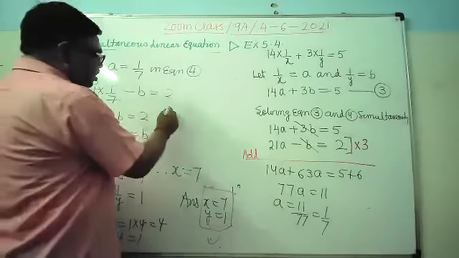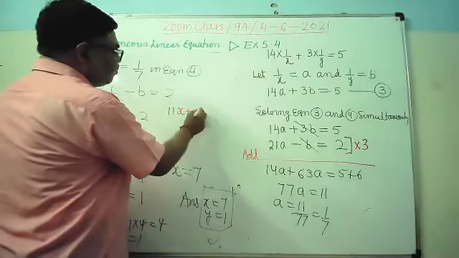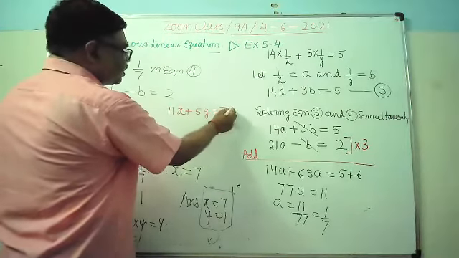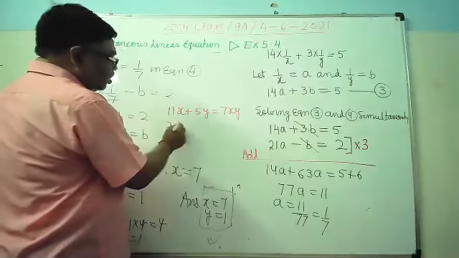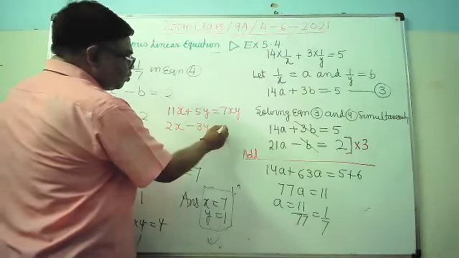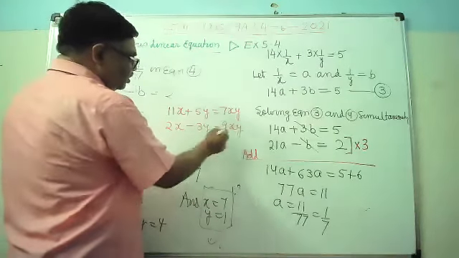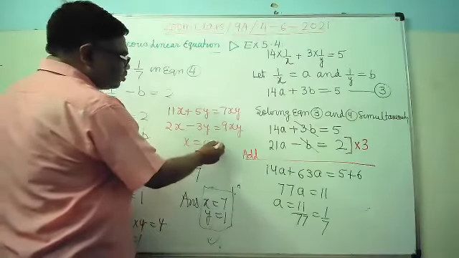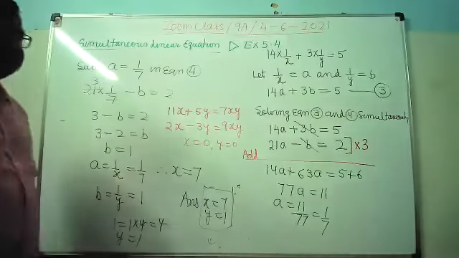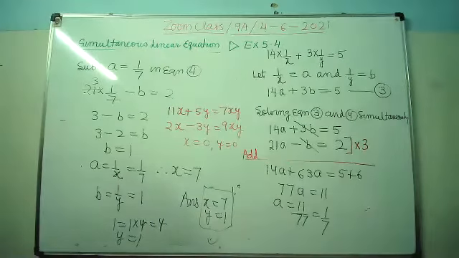Suppose if you write 11x plus 5y equals 7xy and 2x minus 3y equals 9xy, what will its solution be? x equals 0, y equals 0. So this is not a unique solution. You have to find the unique solution.